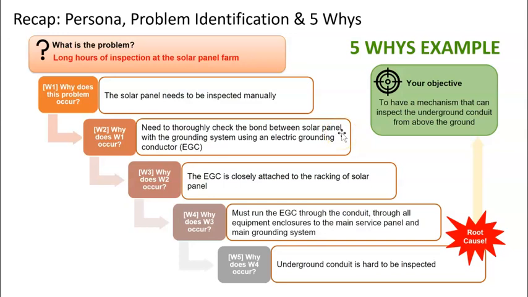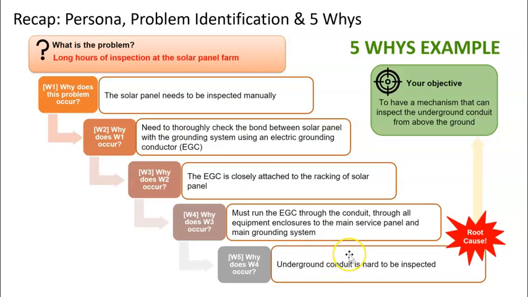Why does W2 occur? Because the EGC is closely attached to the racking of solar panel. Why does W3 occur? Because you have to run the EGC through the conduit, through all the equipment enclosures to the main service panel and the main grounding system. And then ask yourself again, why does W4 occur?